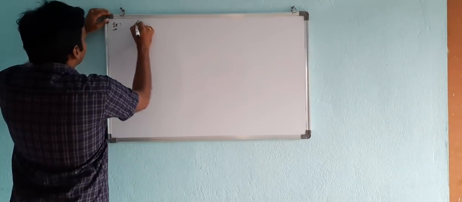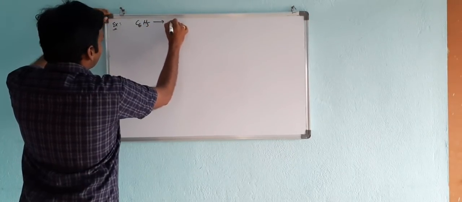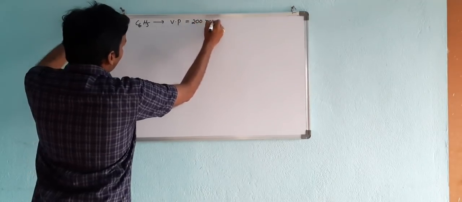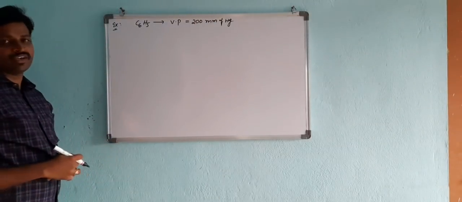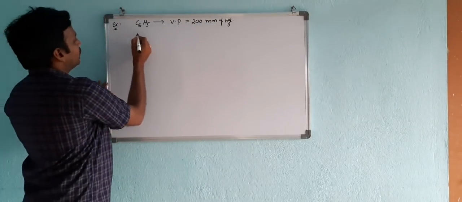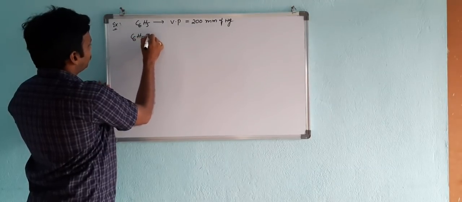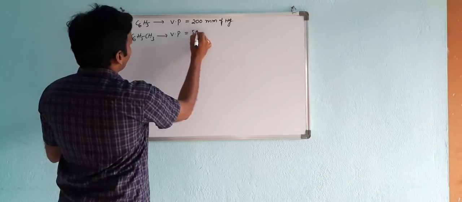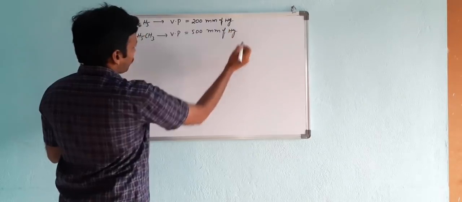Suppose C6H6 is benzene. Its vapor pressure is around 200 mm of Hg. And here some toluene, C6H5CH3, and here the vapor pressure is around 500 mm of Hg.